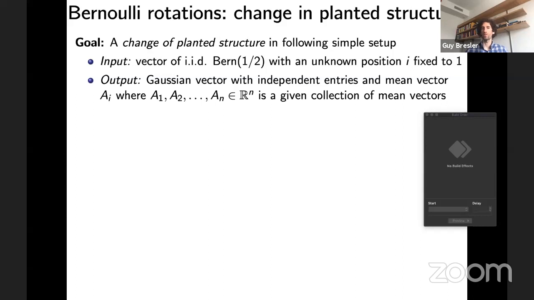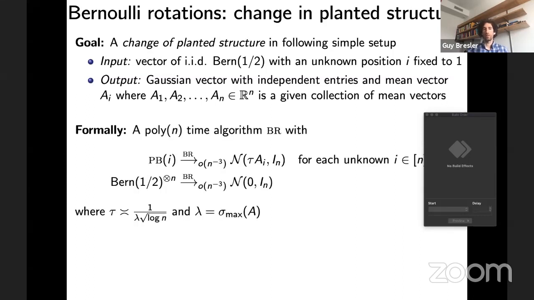But this is sufficiently general. Now, what we're going to output is a Gaussian vector with independent entries, and the mean vector is a sub i, where a1 all the way to an are a given collection of possible mean vectors. So a sub i is going to be the output if the input had its ith position fixed to 1.